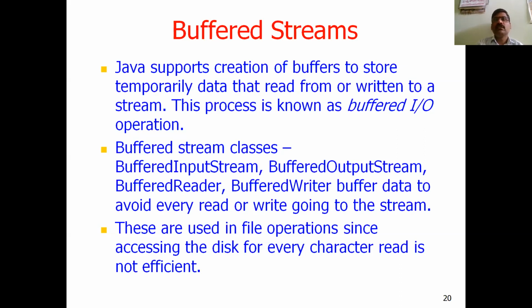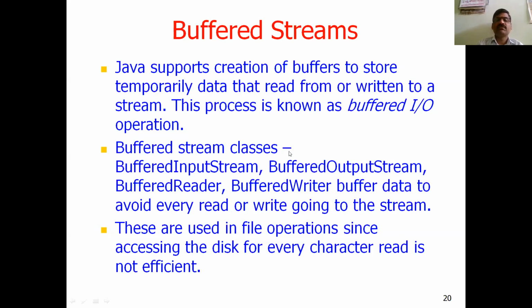So to make it more efficient, we are making use of buffering of IO operations. So when you are reading or writing the data to a stream, we are making use of a buffer, and once the buffer is full, we can flush that buffer, or we can perform the respective IO operation. So that's the reason we are making use of buffered stream classes.